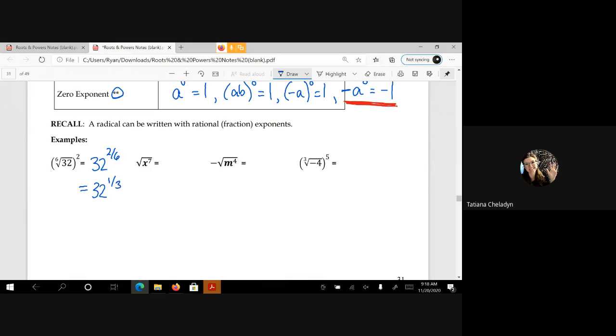Then root x to the 7th can also be written as x to the 7 over 2. All right, try the other two. They've got some negatives in there, so take a look at where those are, all right?